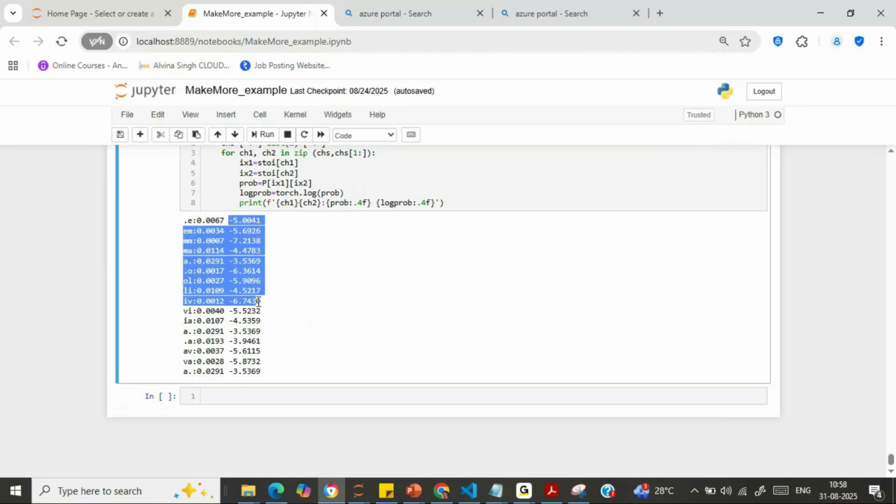All the values we get are coming out negative. So I will take the negative of this, the negative log likelihood.